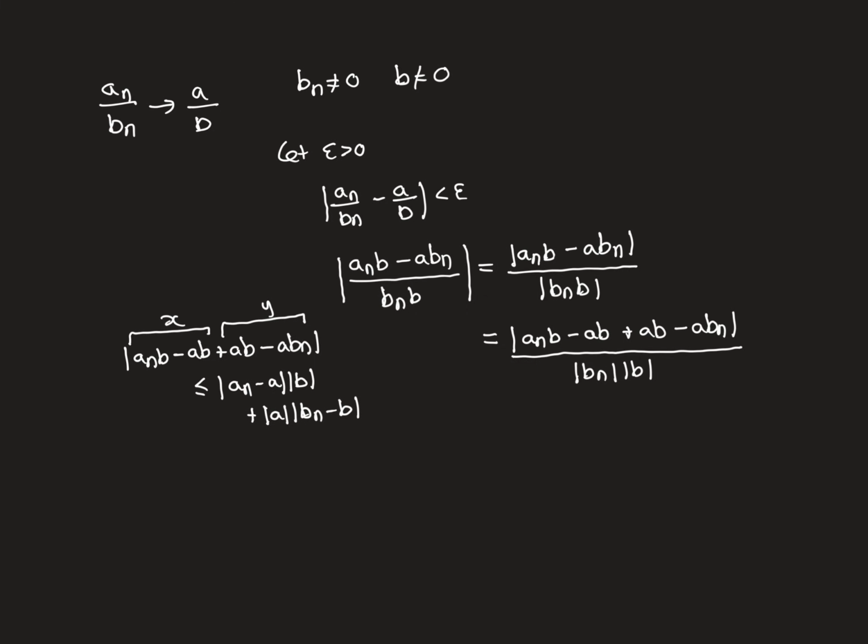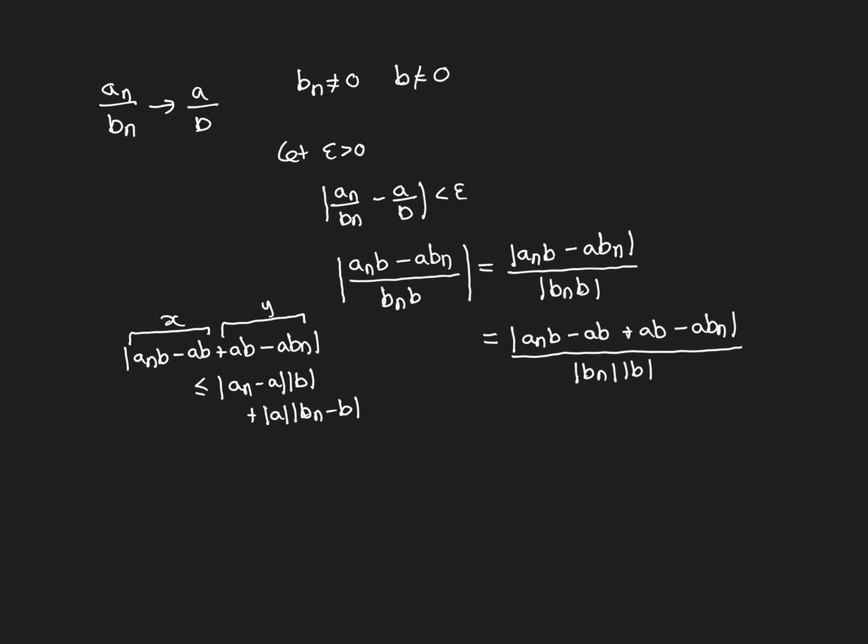It doesn't matter that I've rewritten it, because of course the mod of b minus b_n is exactly the same thing as the mod of b_n minus b, so multiplying by a negative sign doesn't affect the absolute value. So that's the triangle inequality applied there, and also some basic properties of the absolute value function.